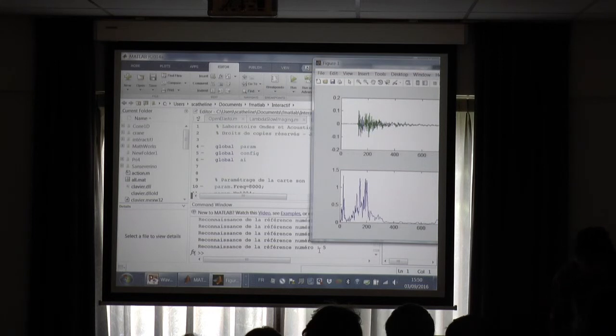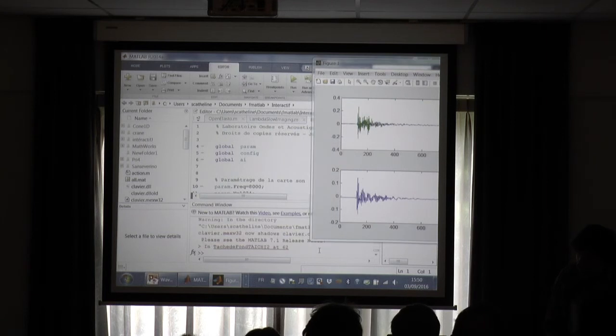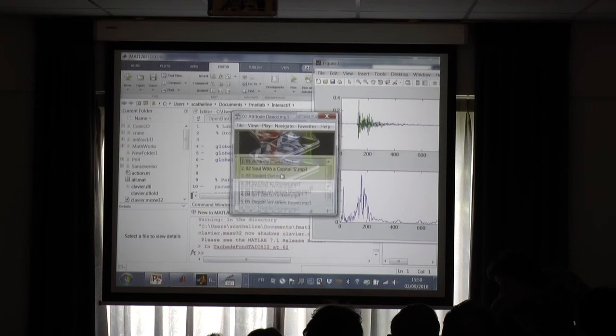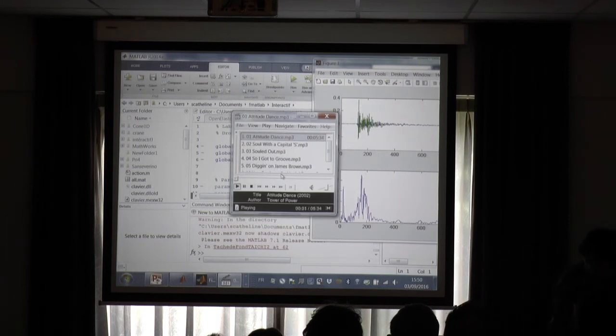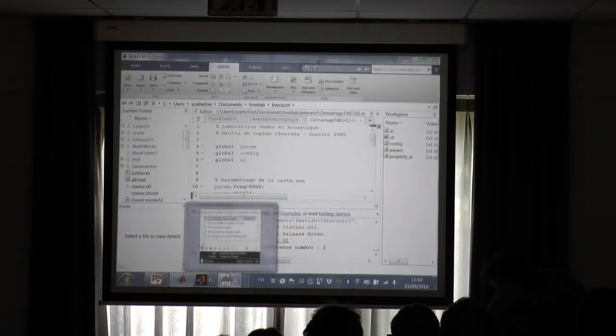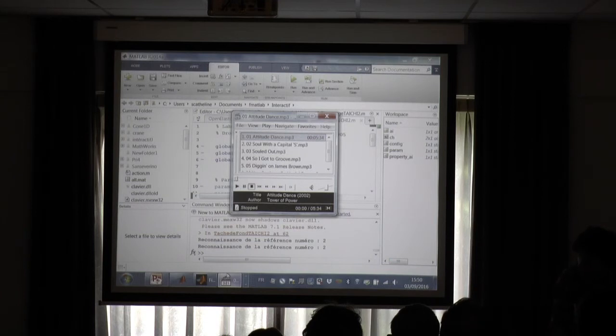So what is it useful for? Now I'm going to use another point, and then I have this software. And now, after some manipulation, I should be able to control this software. When I knock on point number 1, the computer knows that it has to play the music.